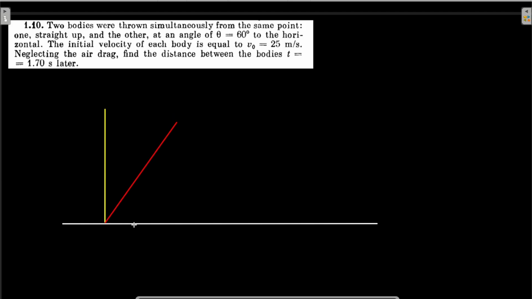Now both have the same velocity along these lines. Consider that this object traveled till here, and the red fellow was here. Now the distance between them is this.